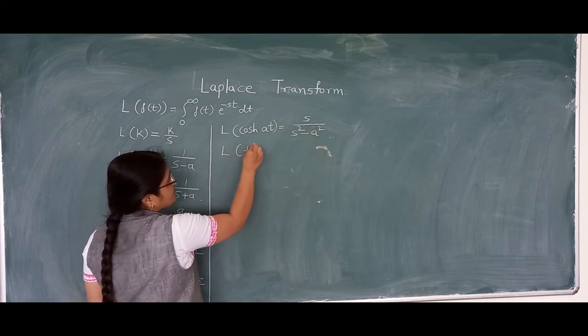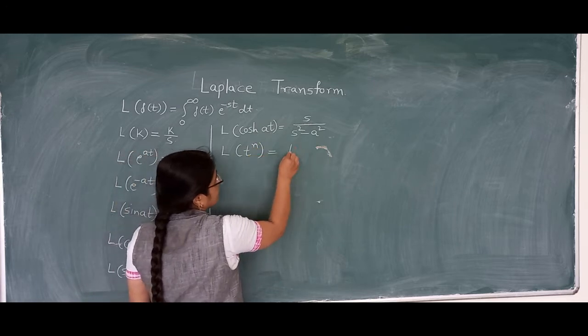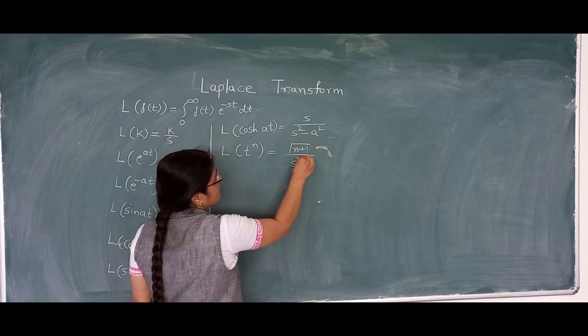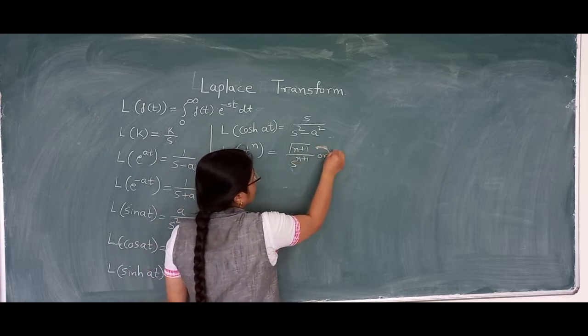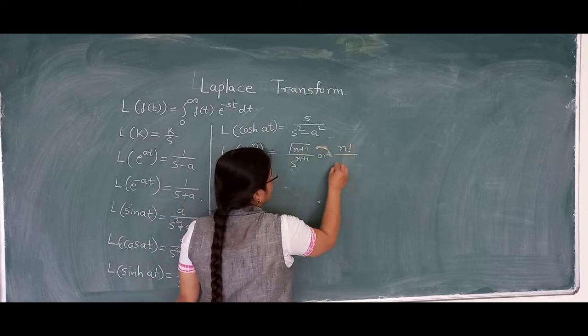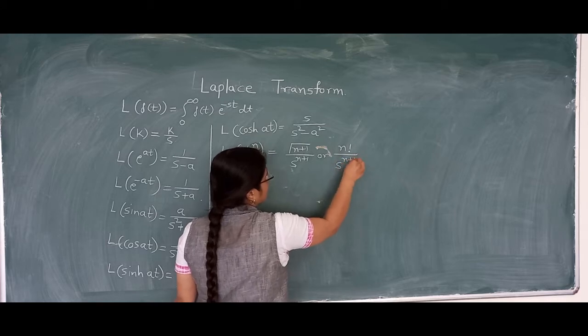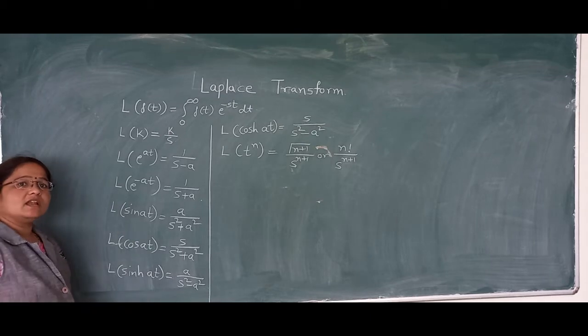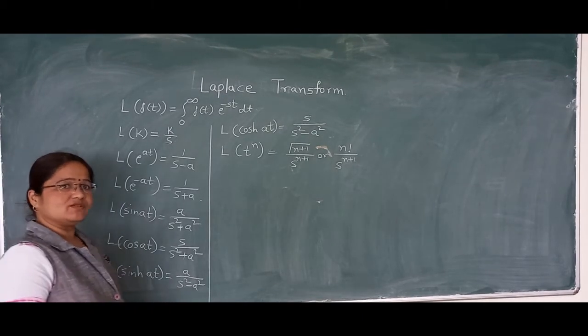Laplace of t raised to n is gamma n plus 1 upon s raised to n plus 1, or n factorial upon s raised to n plus 1. These are the Laplace transforms of elementary functions.